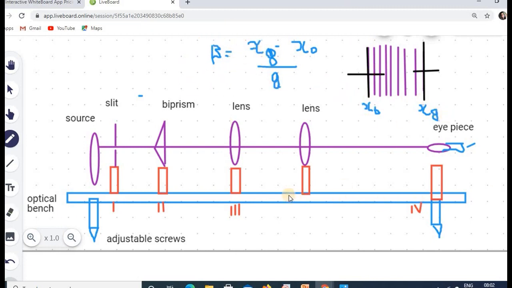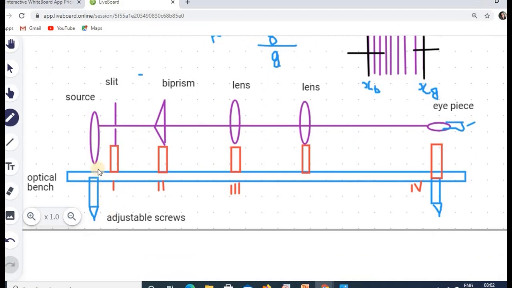After doing all these arrangements, you can obtain the fringe width in this manner. Our intention is to find out lambda, and you can obtain lambda from the equation beta d by D. So you have obtained beta. And what is capital D? This is the distance between the source and the screen.